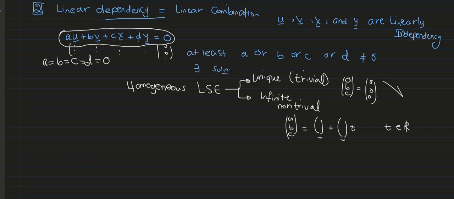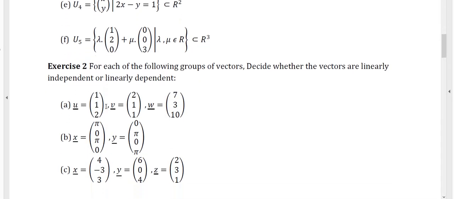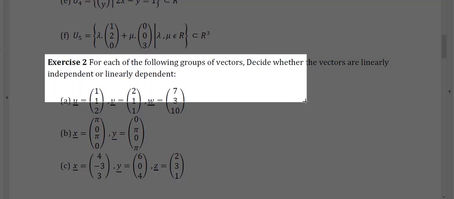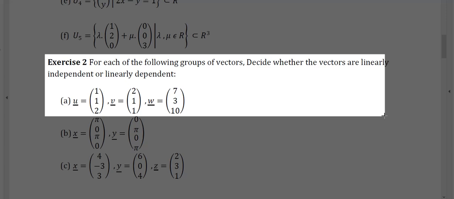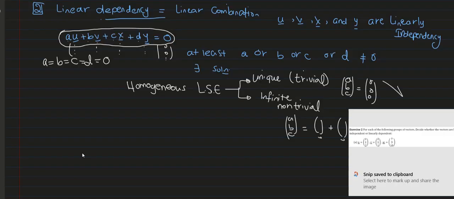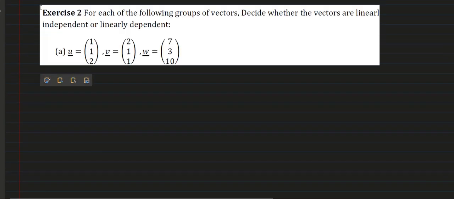Let's go quickly to the problems. This is just recalling from the lecture what you have done. And now we need to solve. Let's take number A. This is exercise 2, which says that for each of the following groups of vectors, decide whether the vectors are linearly independent or linearly dependent.